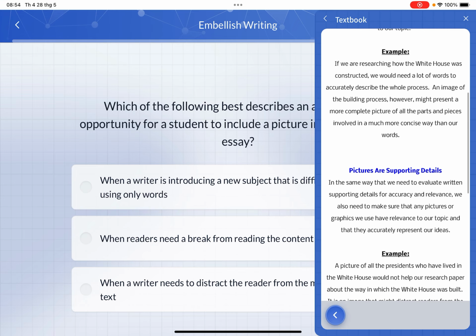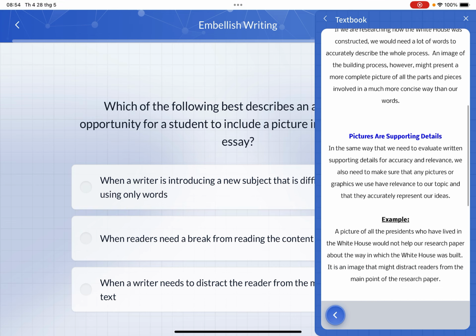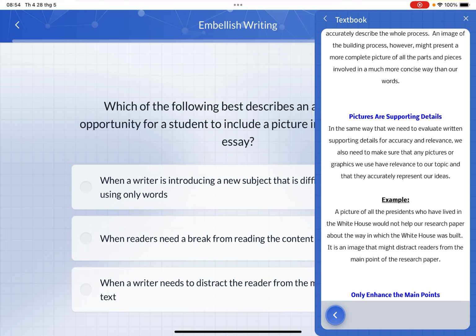So first of all, it makes our audience overwhelmed, and secondly, it makes them lose interest. And also they won't understand it very much.